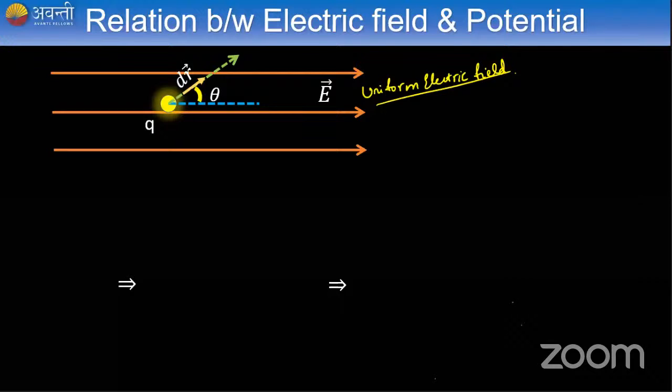So in which direction will my test charge q go if there is only the electric field and no other force acting on it, and it's not moving in any other direction? What would be the force experienced by my test charge in an electric field? Tell me, guys.